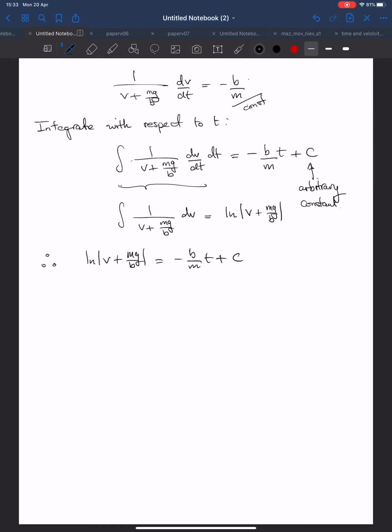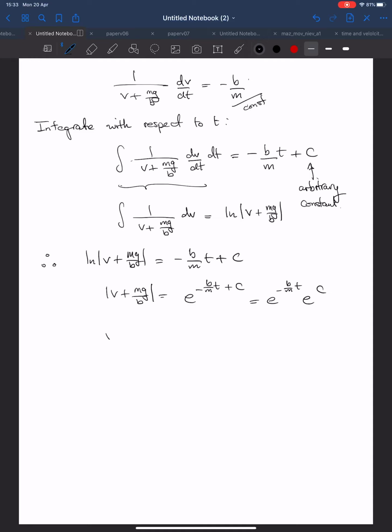Now I'll rearrange. I'll take the exponent of both sides. And what I'll eventually get, as we've done so many times, is this. Okay, let me do it step by step as I've done in class. Okay, so I have this. Let's see, e to the minus b over m t plus c, which I can partition out.